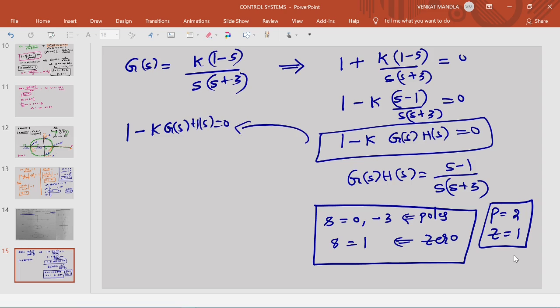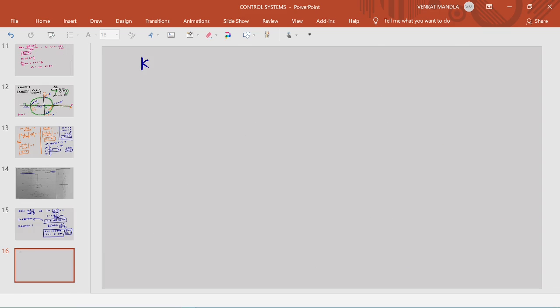Now from this, K G(s) H(s) equal to plus 1, and we are drawing the root locus for this. Root locus means, by definition, the forward path gain must be varied from 0 to infinity.